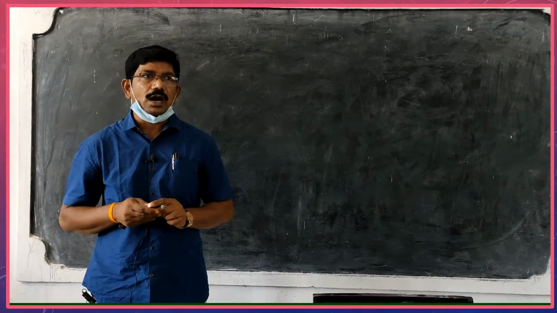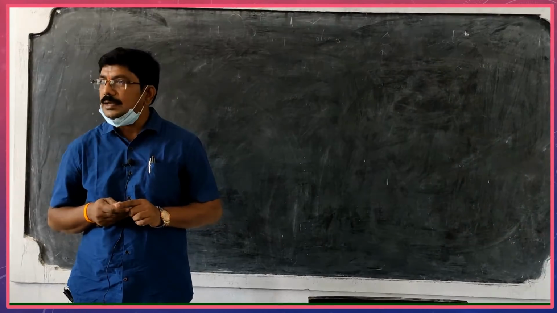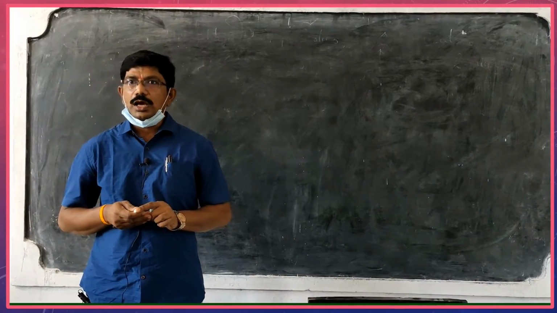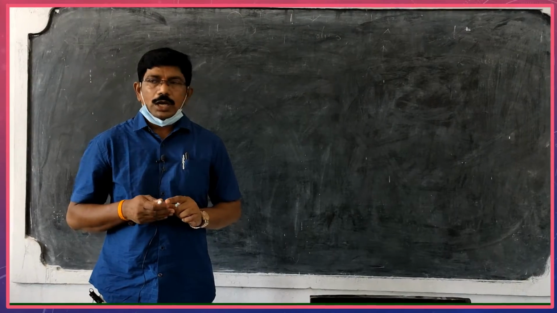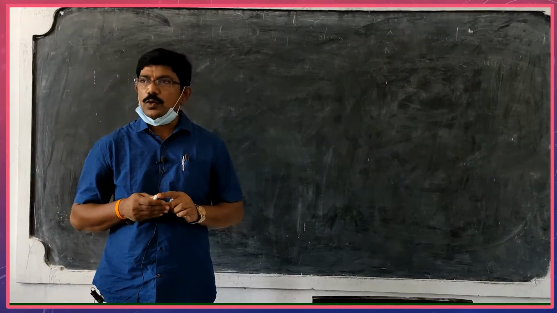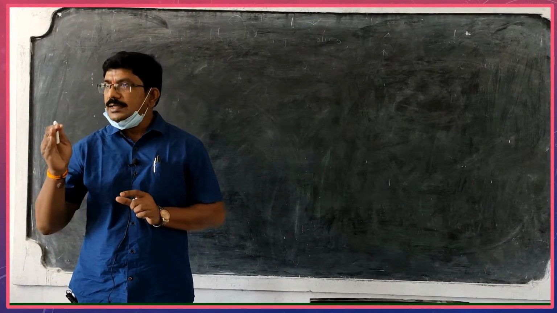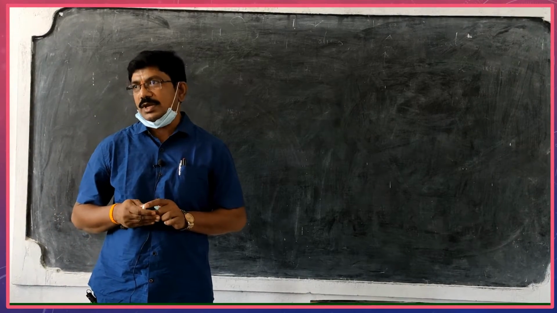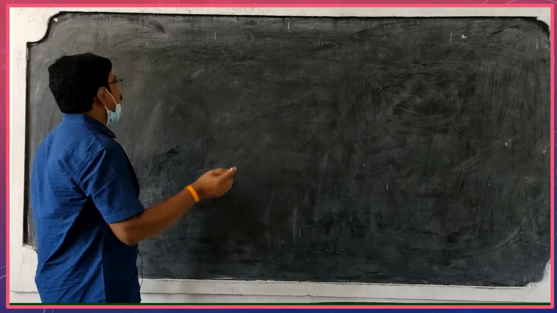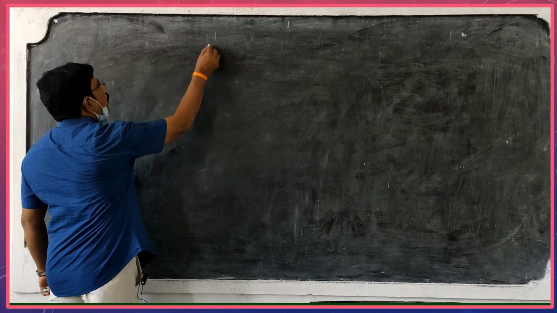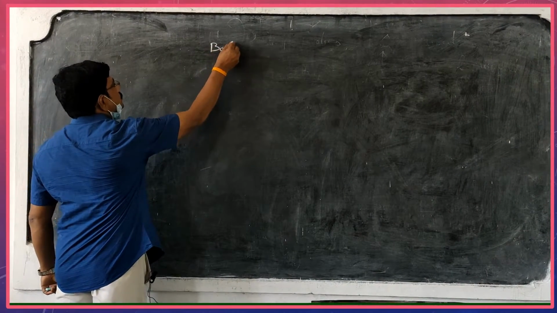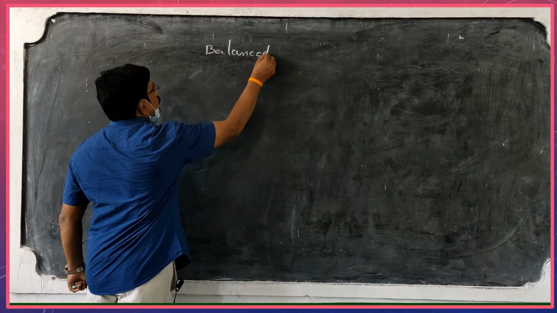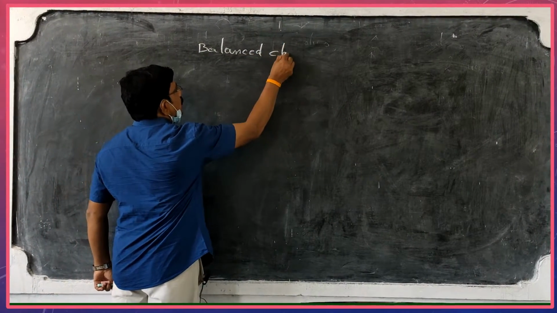We discussed all the characteristics of a chemical reaction with lab activities. Okay, now in this class we will discuss what is a balanced equation and why we should balance the chemical equation. So what is a balanced equation, why should we balance? Balanced chemical equation.